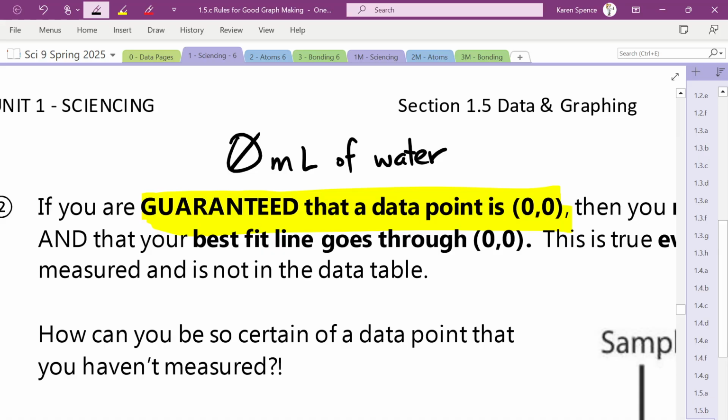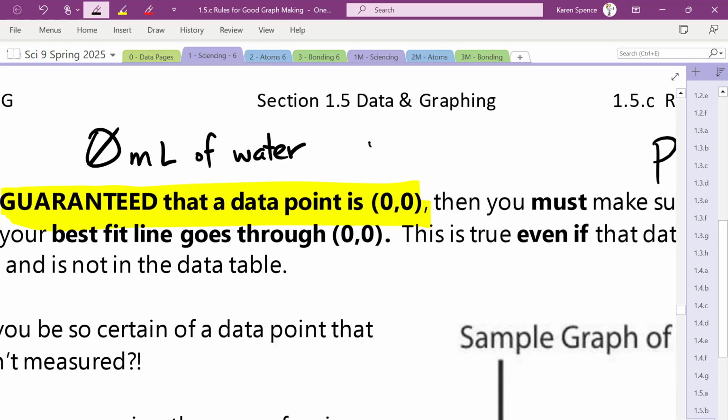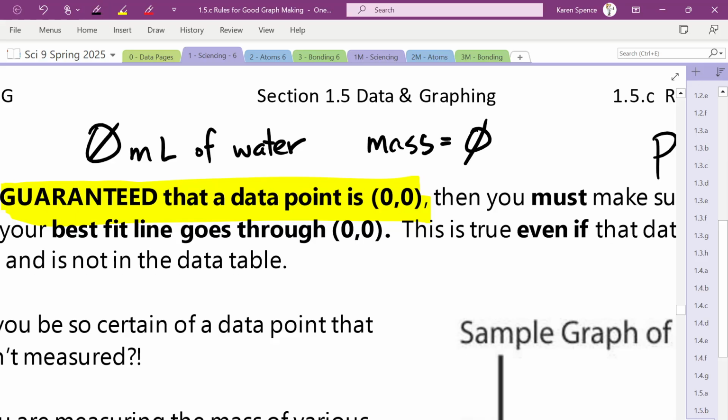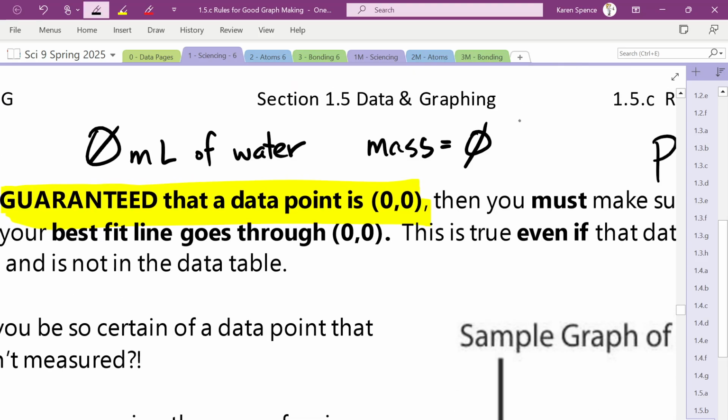What is the mass of 0 milliliters of water? The mass is 0, and I guess the unit here is grams. Is there any uncertainty in that, or is that like a perfect number? That's a perfect number. If you don't have any water, it doesn't have any mass.